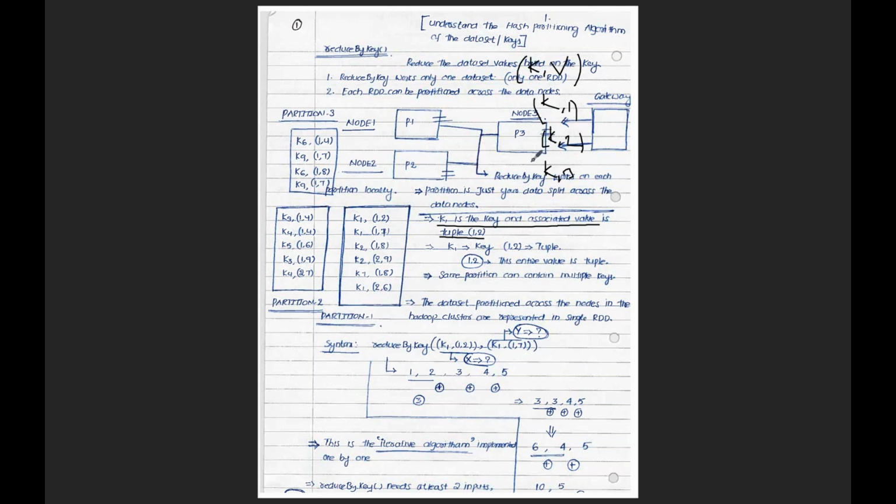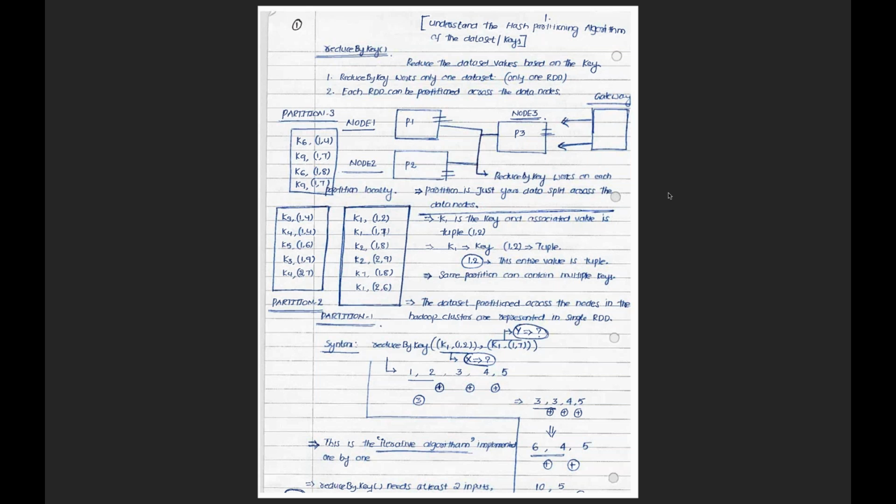But when you have a key and a list of values, that is called a tuple. Can you see my writing, with a black pen? Yes. You need to understand the difference between key value pairs and tuples. Here we are discussing tuples.